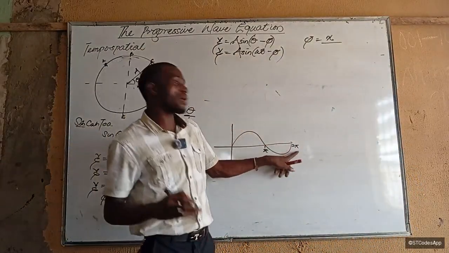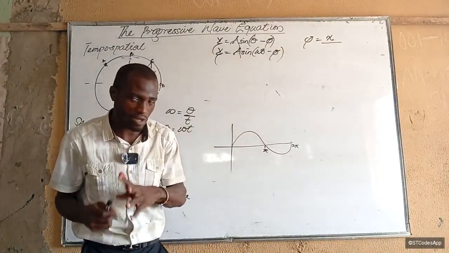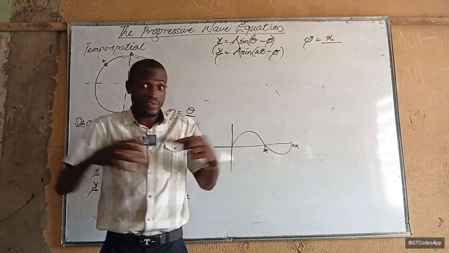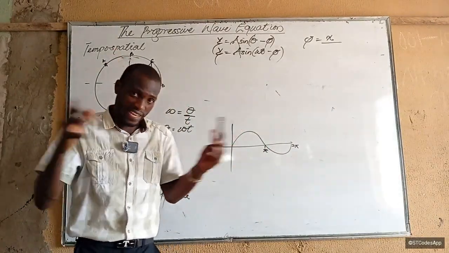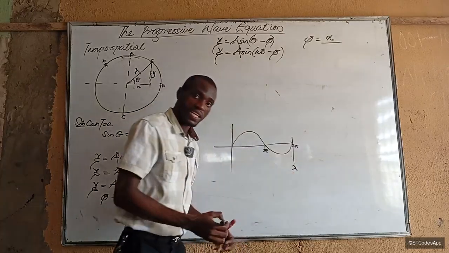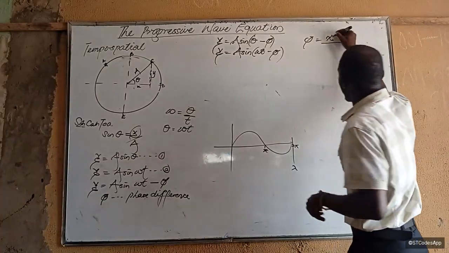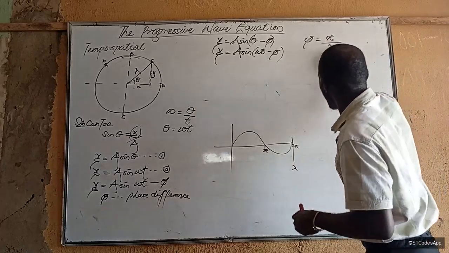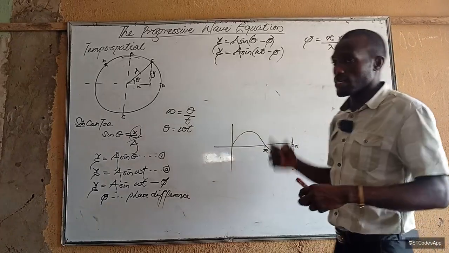Actually, we don't use pi to describe. We use wavelength to describe. This entire 2 pi is called one wavelength. Since it is called one wavelength, the phase difference will be a particular fraction, an amount out of the entire wavelength times 360 degrees.